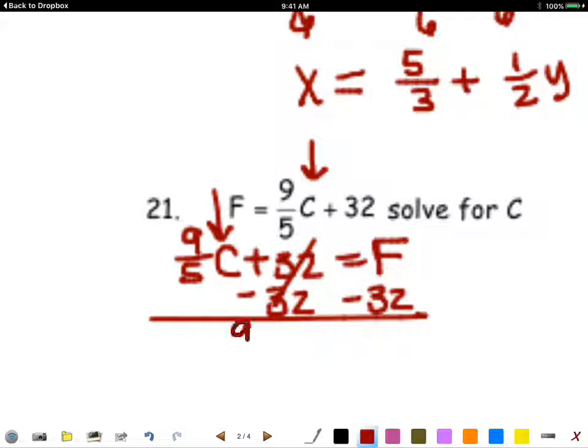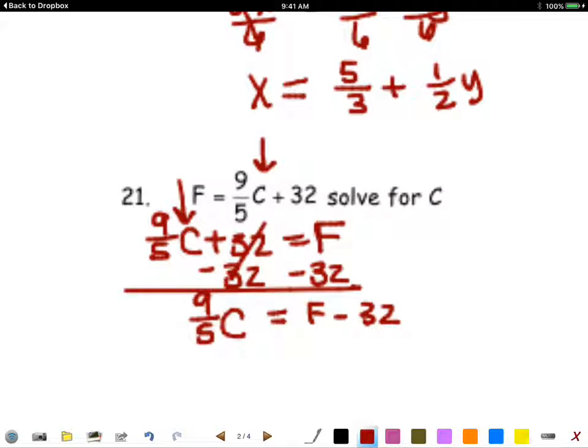Okay, so we have 9/5 C equals what? F minus 32. Okay, and then we still need to get rid of the 9/5.